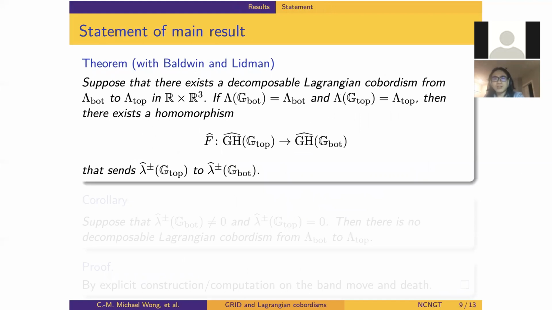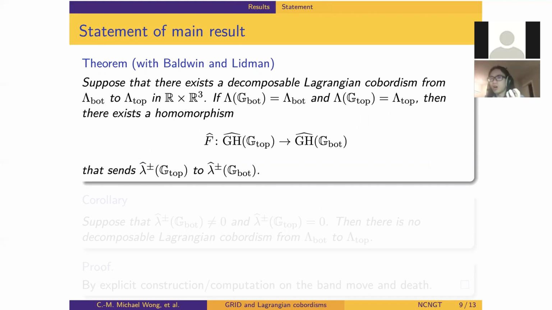Now, coming to the statement of our main result, suppose you have a decomposable Lagrangian cobordism from bottom to top in the symplectization, and suppose you find grid diagrams for these Legendrian links, then there exists a homomorphism from top to bottom.